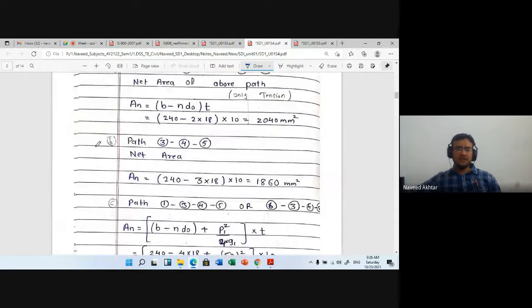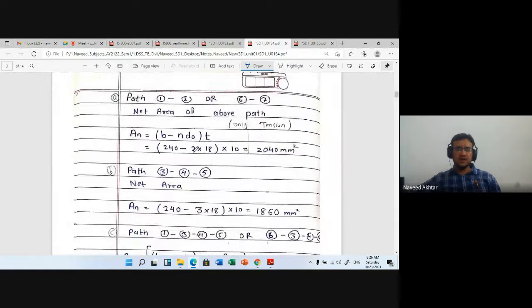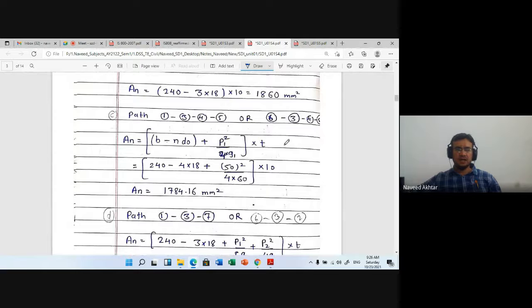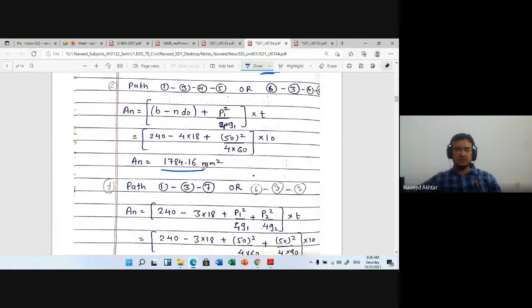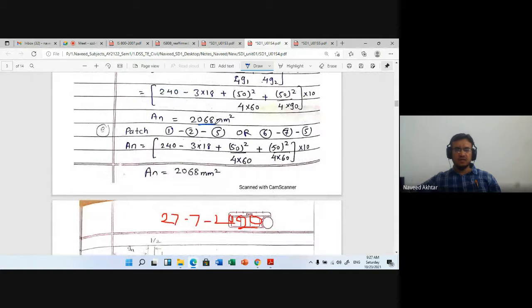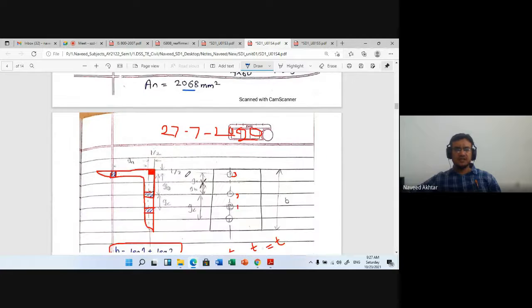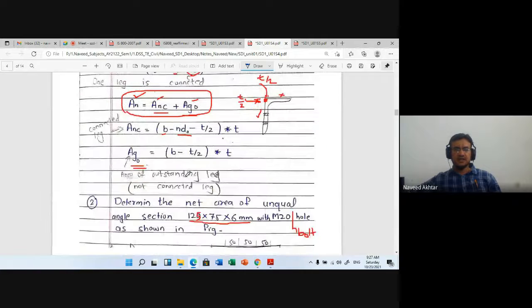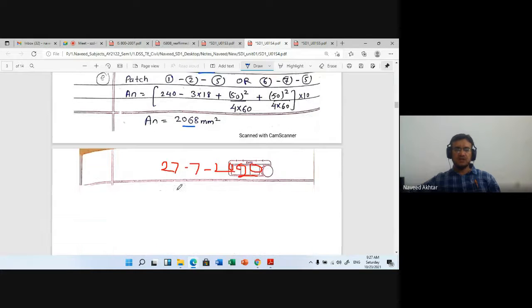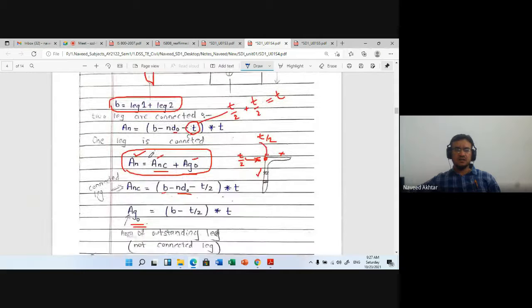So they are different paths, and based on that we'll find the net area, and where we get the minimum net area, that is nothing but the critical area. So if you find these areas, you will get your critical area, and you can suggest that the failure may occur along that path.